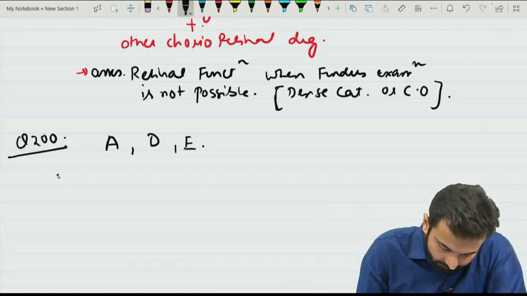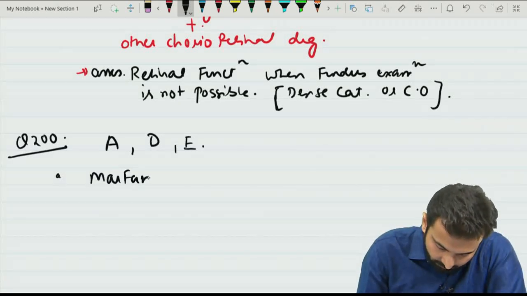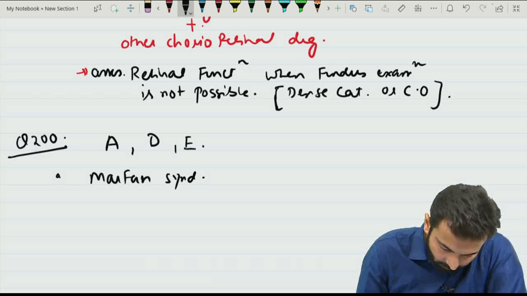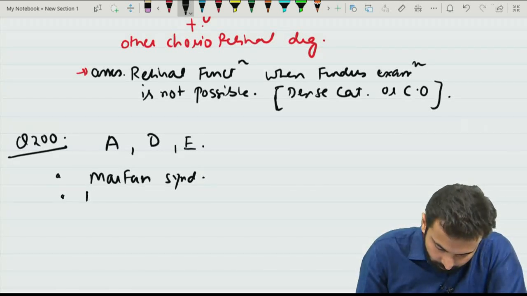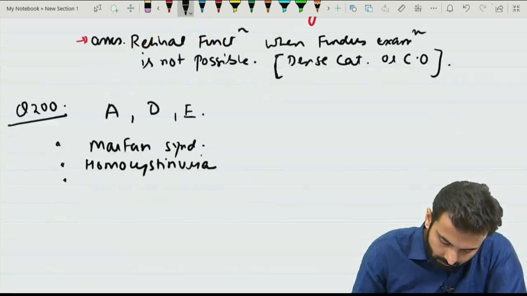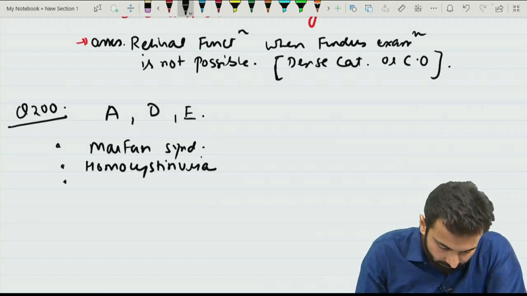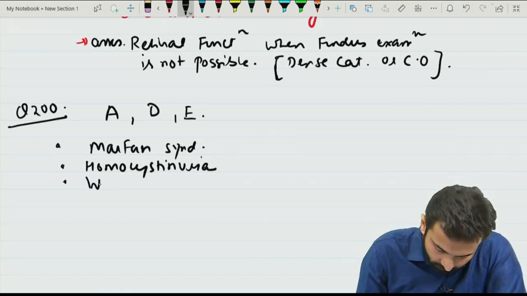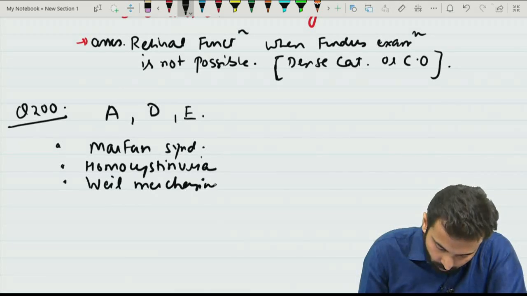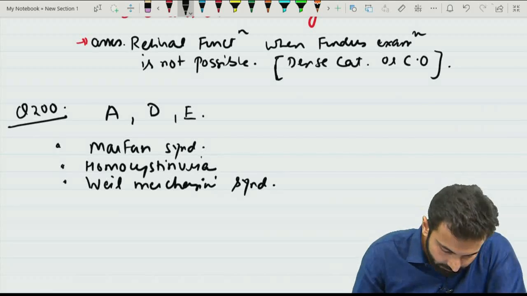As we have already discussed the systemic associations of ectopia lentis, number 1 is Marfan syndrome, number 2 is homocystinuria. These are easy. Then there is Weill-Marchesani syndrome, which is also associated with ectopia lentis, right?